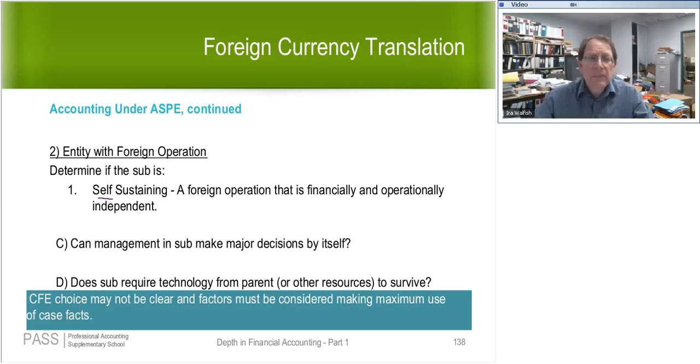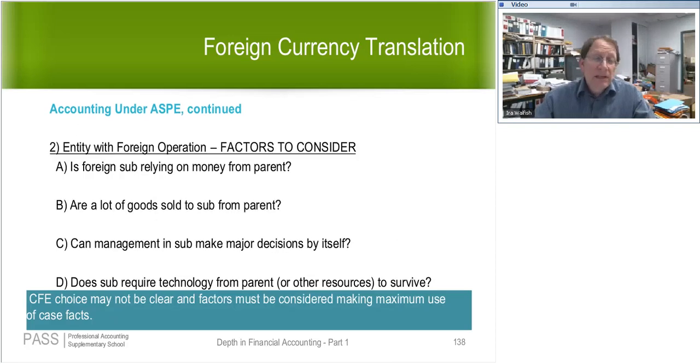This is where you get into case writing, where you might have to look at a few different facts. It's a bit of a subjective analysis. I'll tell you a couple of things. And by the way, I don't have these blue boxes in your notes. That's just my little thing. I have a few of these. You may have to make maximum use of case facts. They should give you hints in the case.